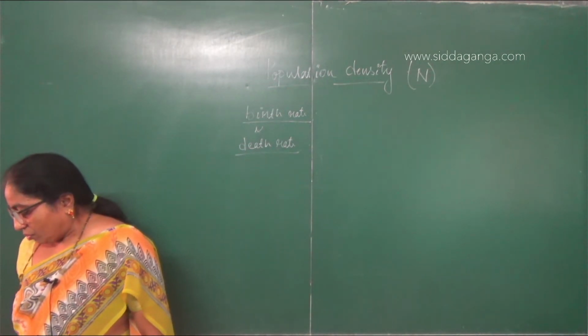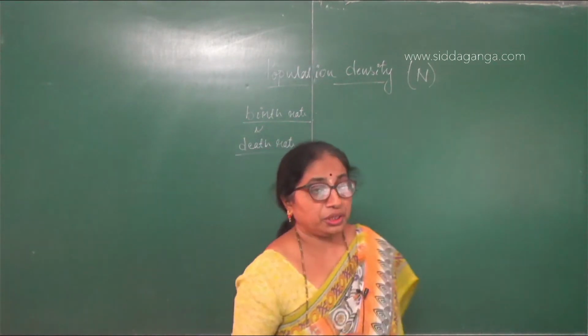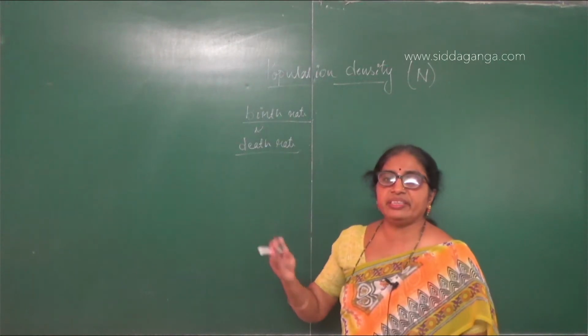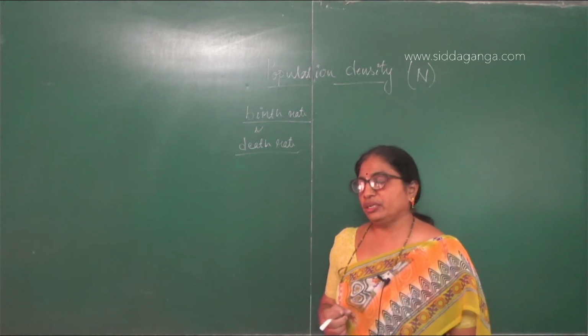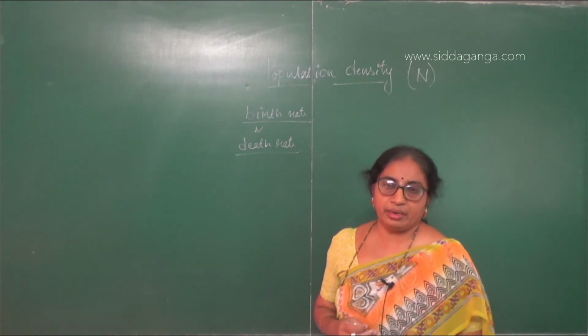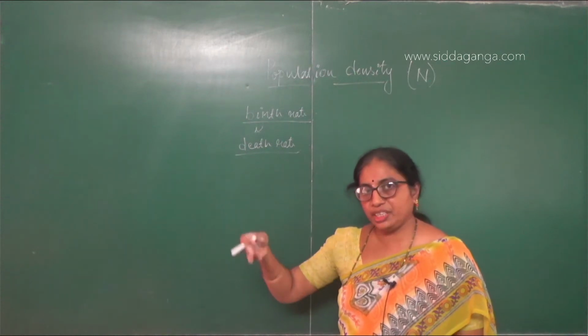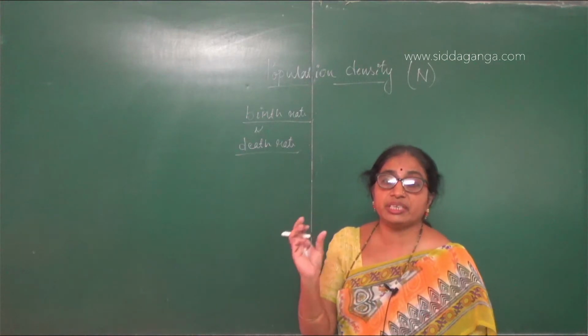Here, the population density tells the exact count of the population. Like the human population count is done every 10 years in India, and the count of each and every individual is taken into consideration, which gives the absolute population density.